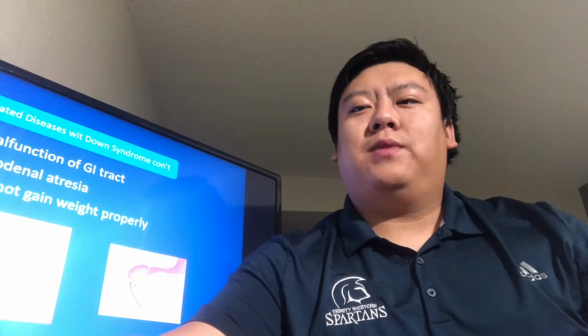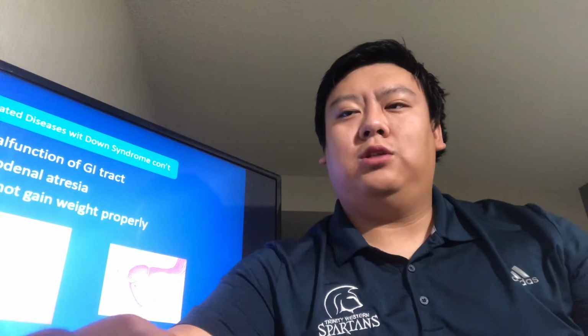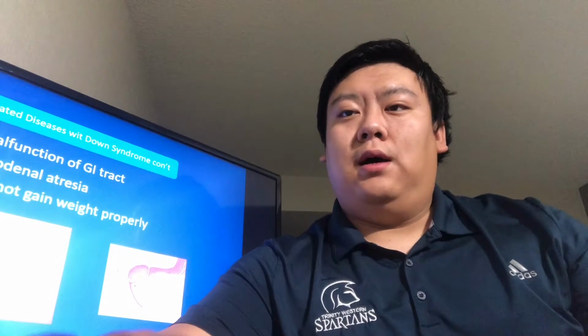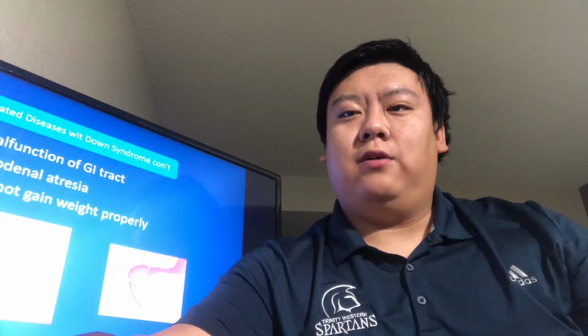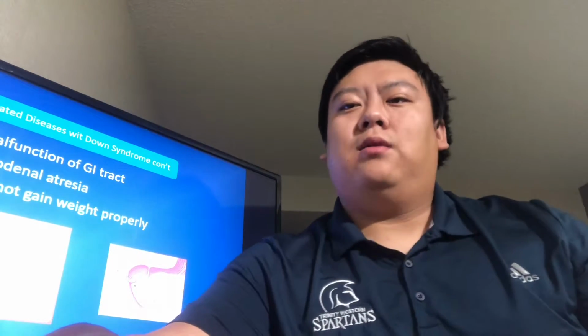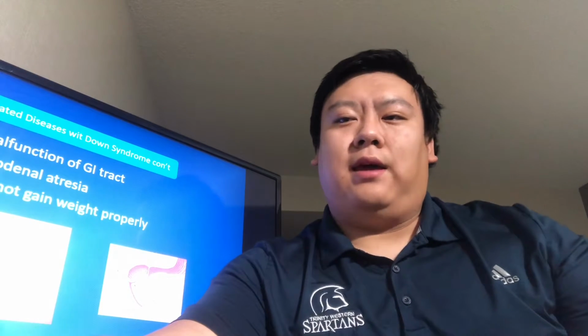People with Down syndrome may also have malfunction of the GI tract. Duodenal atresia is the congenital absence or complete closure of a portion of the lumen of the duodenum. It causes increased level of amniotic fluid during pregnancy and intestinal obstruction in newborn babies. Moreover, the baby often vomits forcibly after feeding and cannot gain weight properly until the defect is repaired.